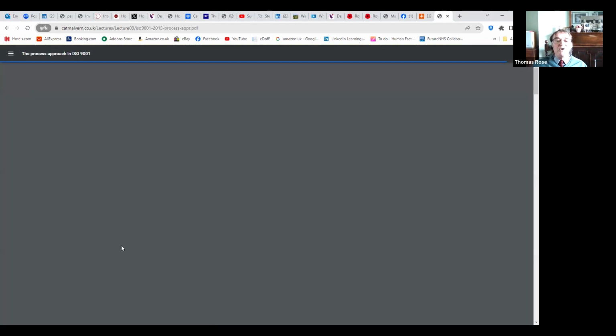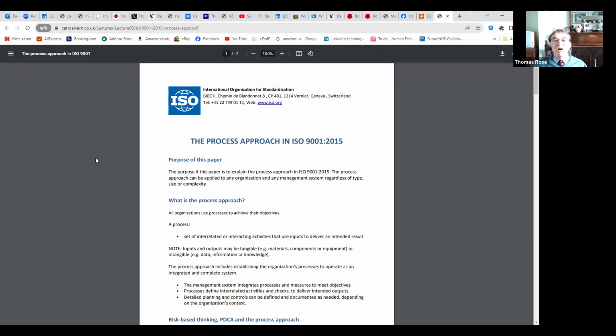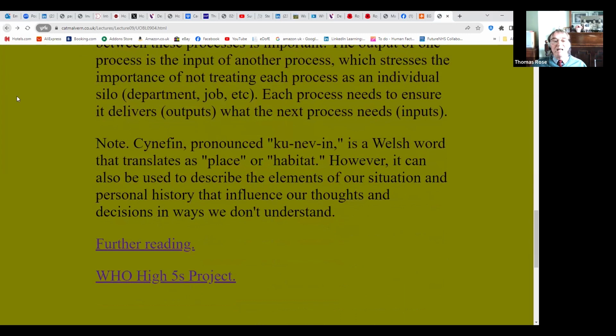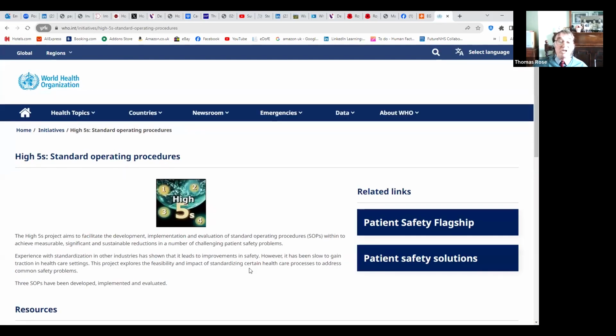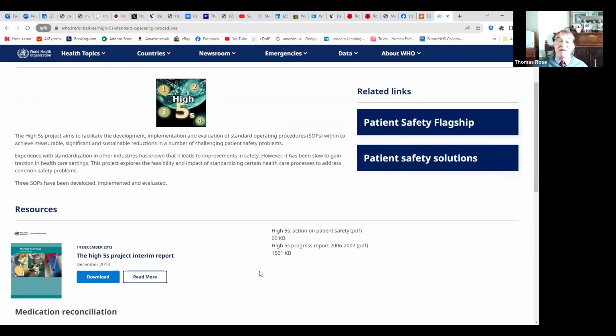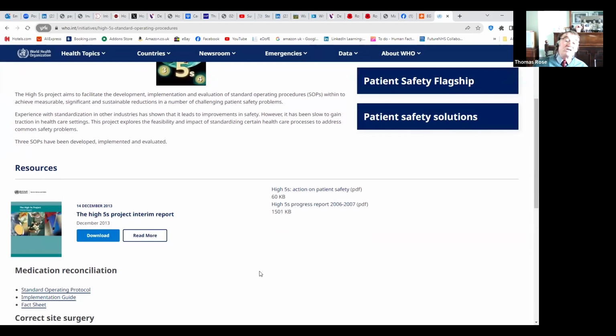You can get some further reading here on the process approach. Really important in the development of the new standard, the one that I've talked about already, was the World Health Organization's High Fives project. You'd need to have a read of that, where they designed some standard work, some standard processes, and tested it across several countries.